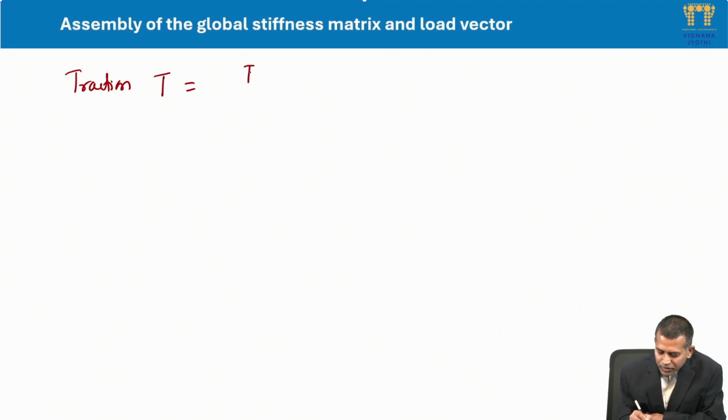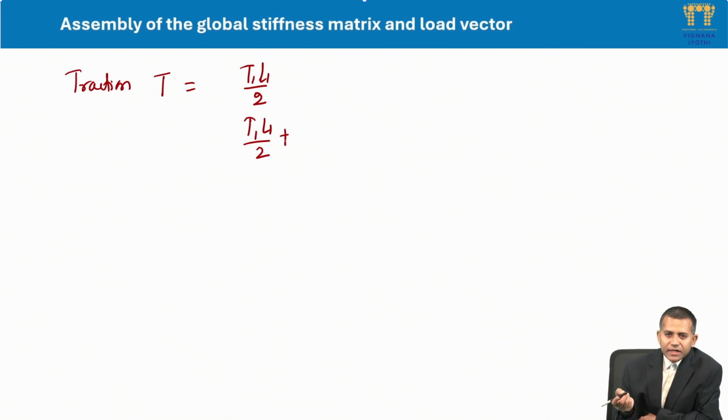you have T1 L1 by 2, right? Again T1 L1 by 2. This is for node 1, sorry, element 1, it is node 2, and again at node 2 you are getting a contribution from element 2 also. So that way you will get T2 L2 by 2, right?